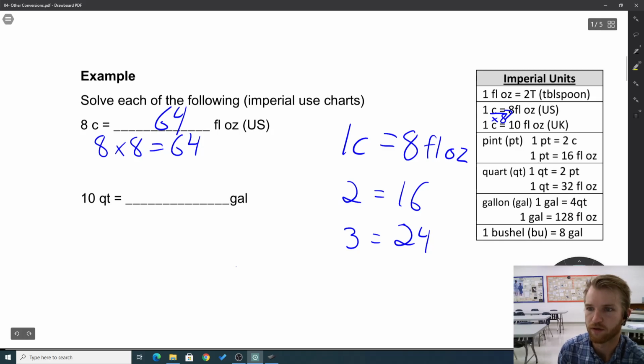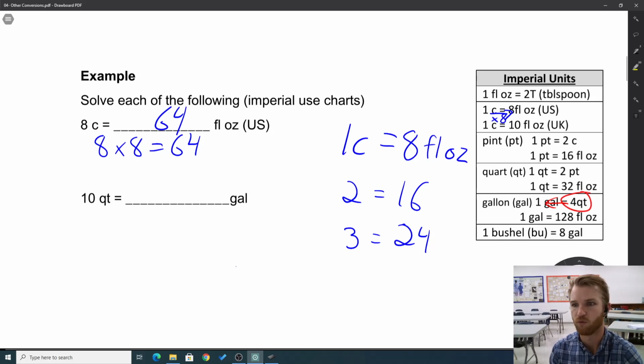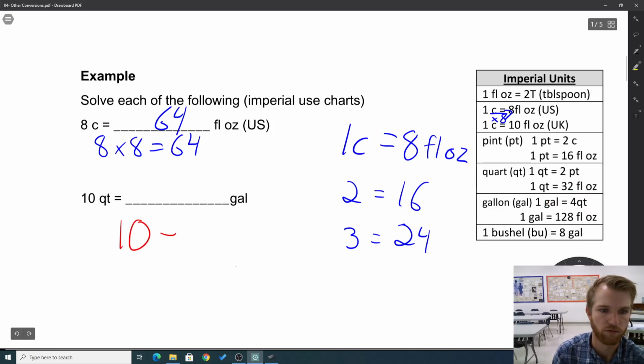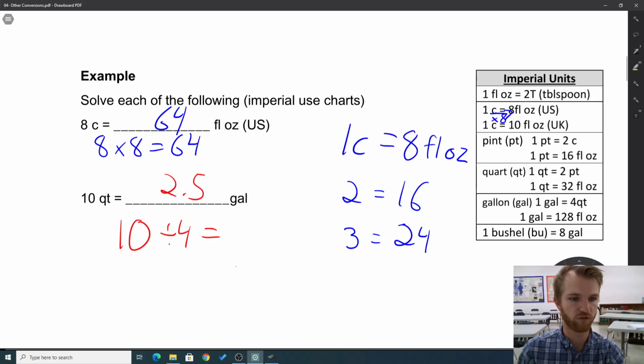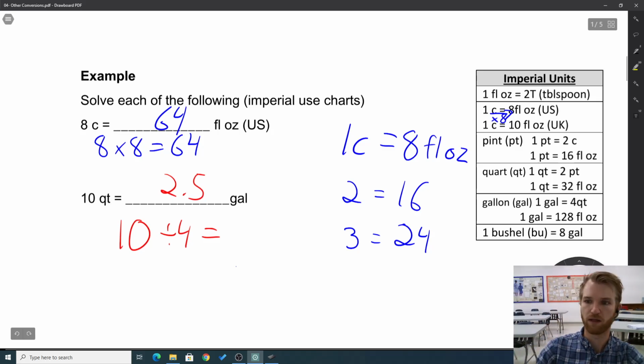I'm starting here with 4 quarts and going down to 1 gallon. 4 quarts would be 1 gallon, 8 quarts would be 2 gallons, 12 quarts would be 3 gallons, and so on. Each time I'm dividing by 4. So 10 divided by 4 is what's going to give me quarts to gallons, and what I end up getting is 2.5 gallons, which makes sense. If 4 quarts is 1 gallon, then 8 quarts would be 2 gallons, and then another 2 is just another half of a gallon.